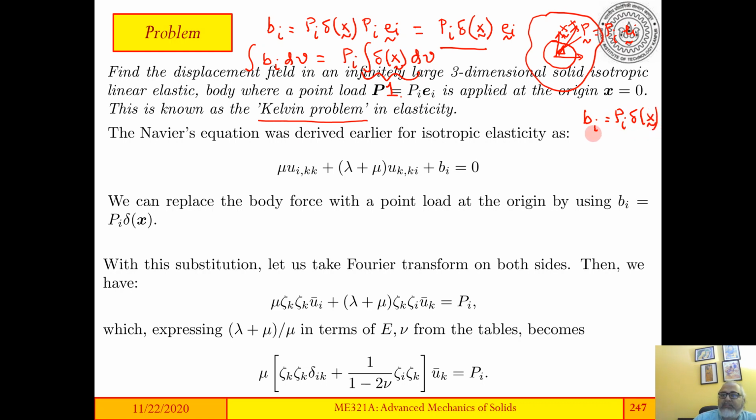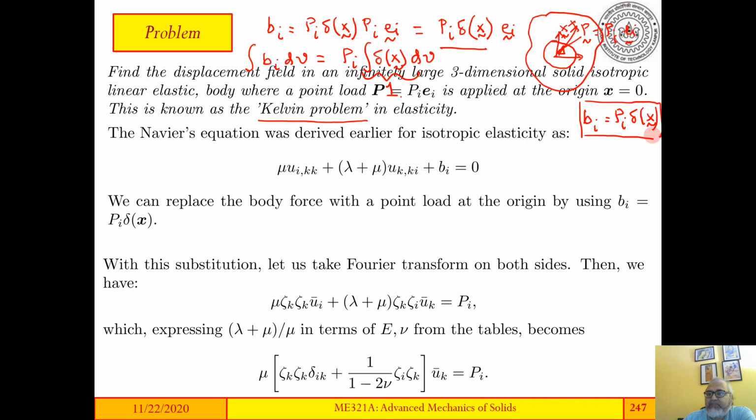So this is the trick that we use to express a concentrated load as a distributed body force. Sometimes we'll also use it to represent a distributed surface traction, but in this case we are converting it into a distributed body force.